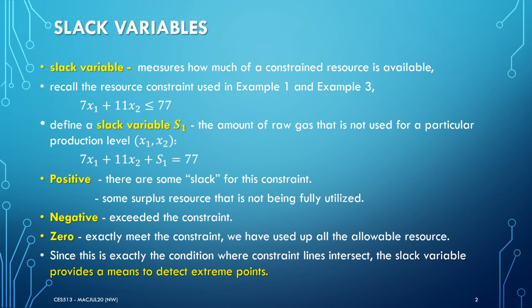Thus, the approach must be able to distinguish whether during problem solution an extreme point occurs or not. To do this, the constraint equations are formulated as equalities by introducing what we call slack variables.